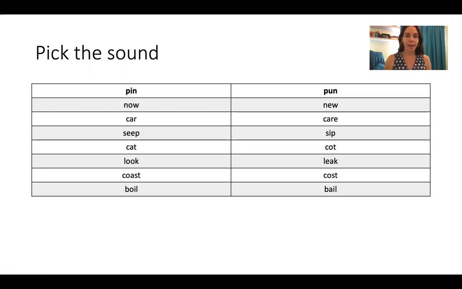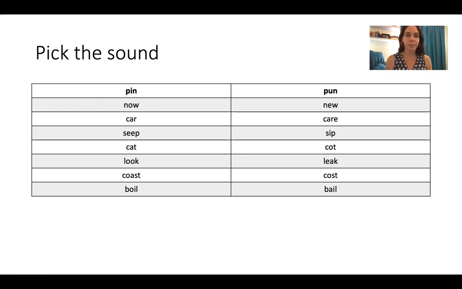The same with speaking. We're going to have a look at each word and we need to hear the sound that is different. If you can remember, you can write down the IPA symbol for the sounds that are different. Listen carefully as I say it, and you can practice saying it as well and see if you can hear the difference.